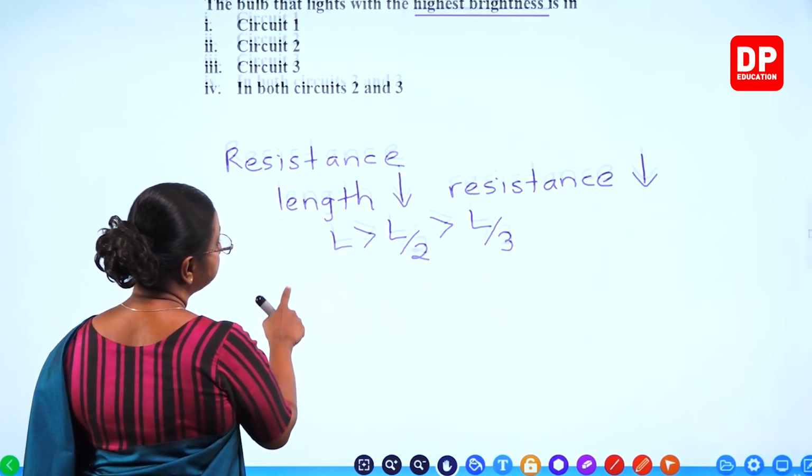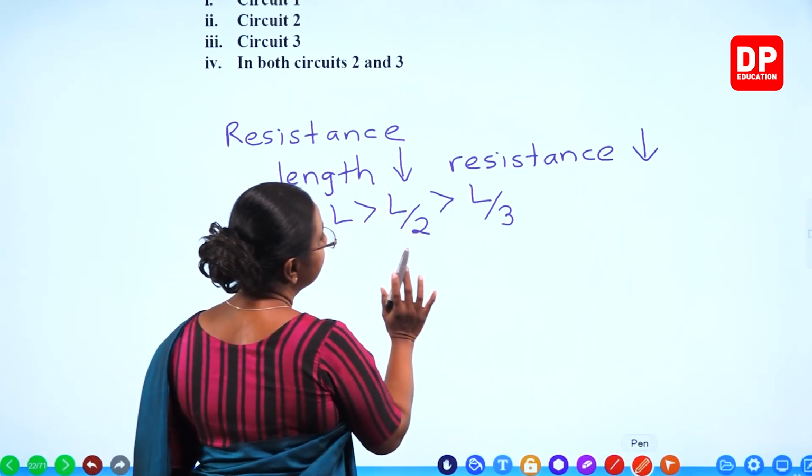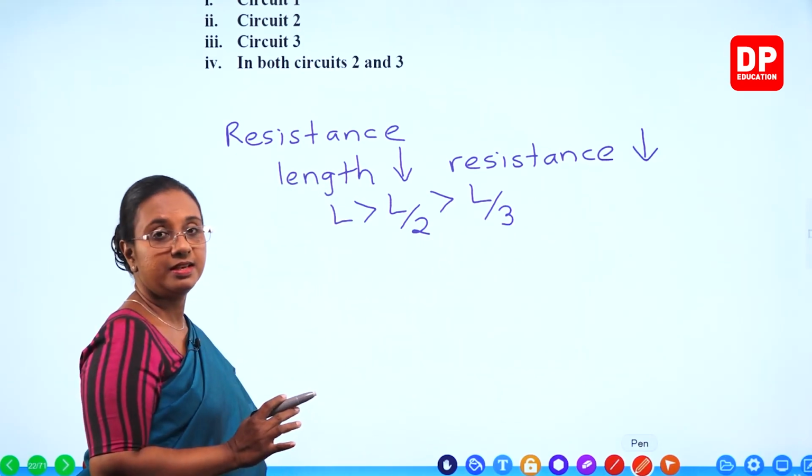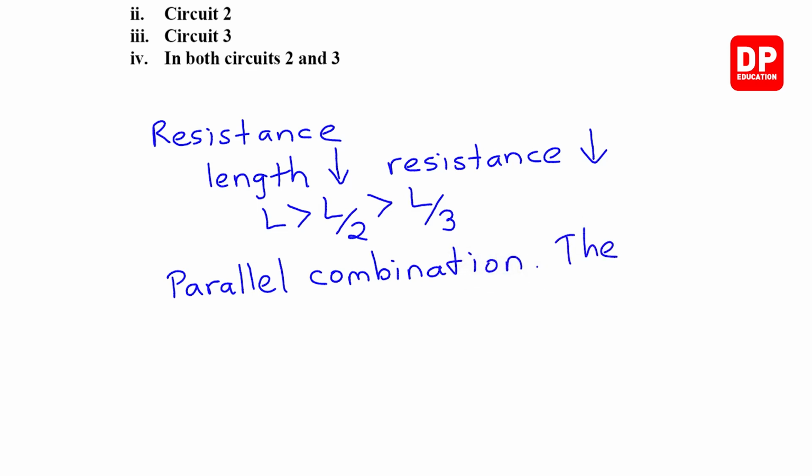So here, one thing you have to remember, when the length decreases, resistance decreases. Then in parallel connection, parallel combination, the equivalent resistance decreases.